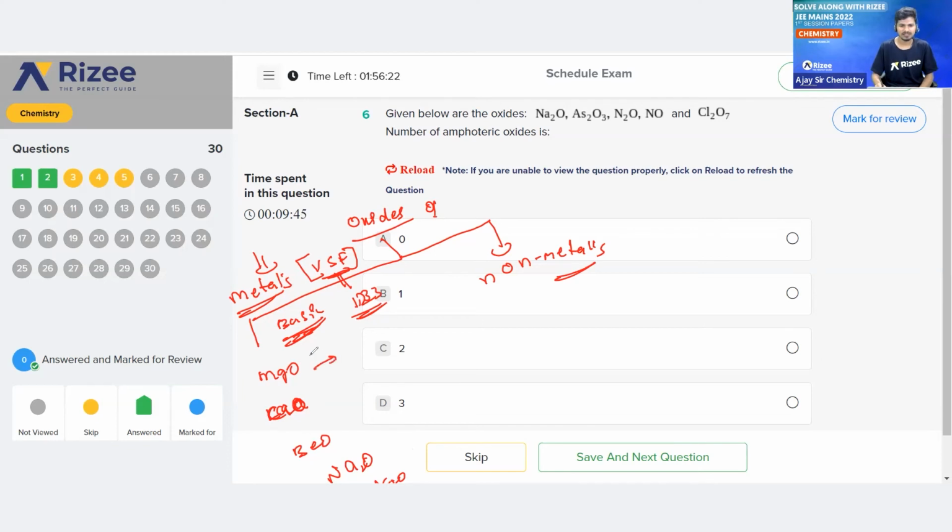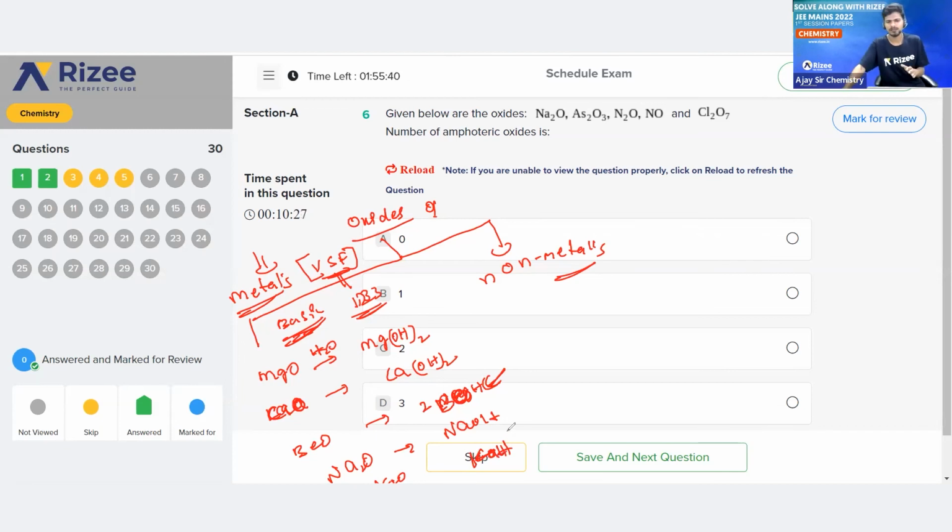When we react these basic oxides with H2O, MgO produces Mg(OH)2, CaO produces Ca(OH)2, Na2O produces 2NaOH, BeO produces beryllium hydroxide, Be(OH)2, and K2O produces KOH.